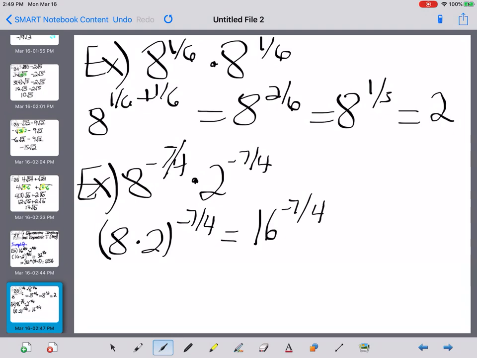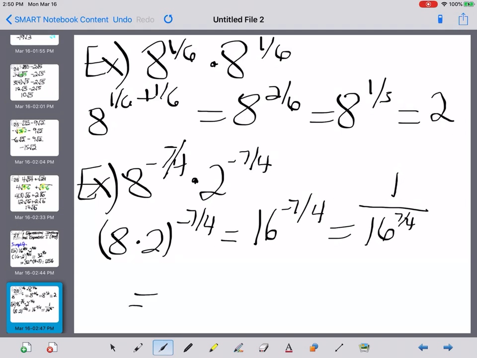But we got a negative exponent. We're going to have to fix that. So if I have a negative exponent, I want it to be a positive exponent. So we're going to simply move it to the bottom. So we're going to have 1/16 to the positive 7/4.